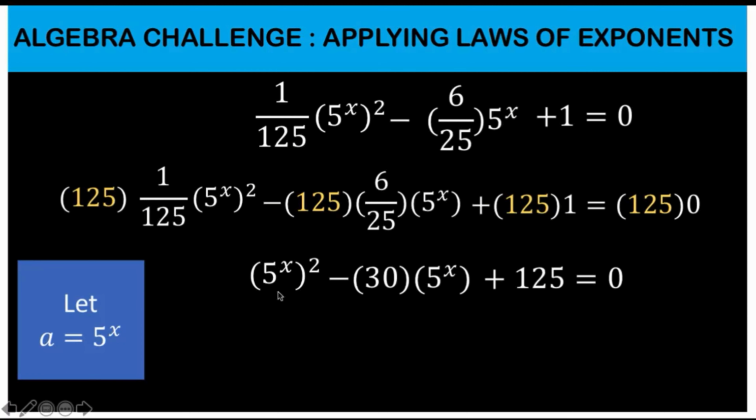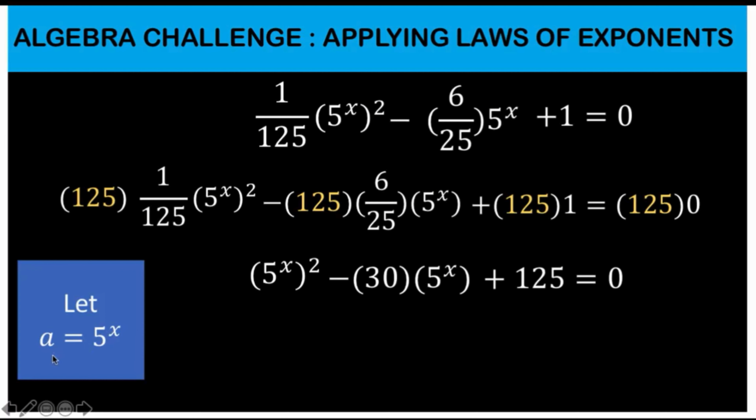So let's do some substitution. So let our dummy variable a be equal to 5 raised to x. We call this a dummy variable because you can use any variable. You can use b, c, d, or any other letters except this x, because we already use x as the variable of 5 raised to x.